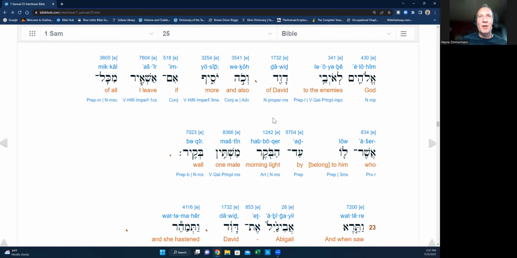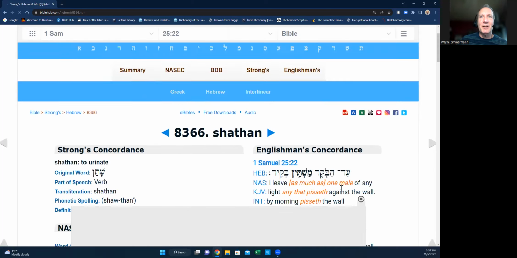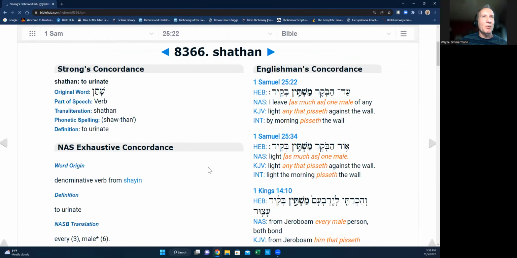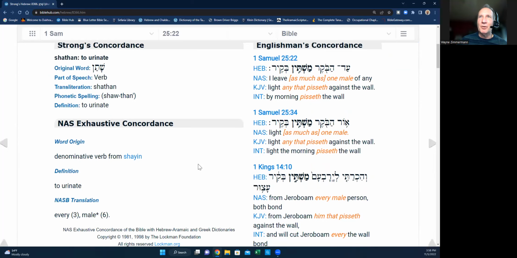So we're going to open up this word mashtin, and by clicking on it, we see something very interesting. It's actually the word to urinate, and of course, those of you that are familiar with the King James version, I'm sure this causes a lot of chuckles to all the kids in Sunday school classes that have read King James when they were little.